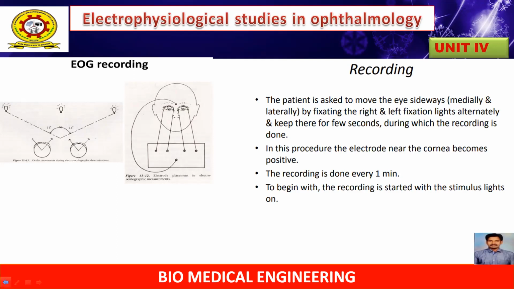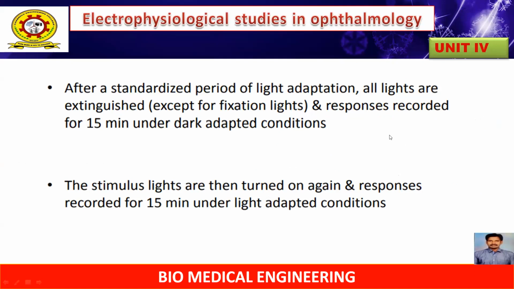To begin this test, the recording is started with the stimulus, that is, the lights on. After a standardization period, the light adaptation, all lights are off and responses are recorded for 15 minutes under dark adapted conditions.